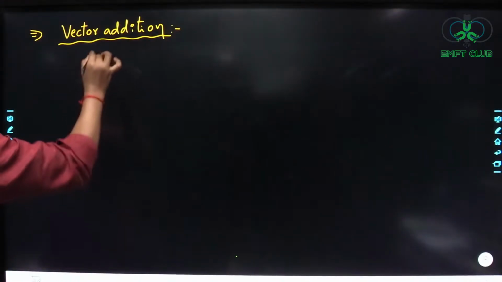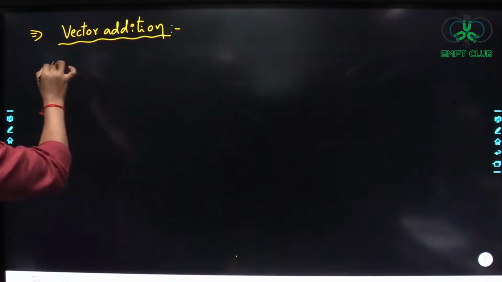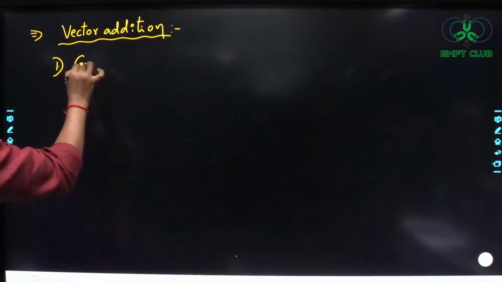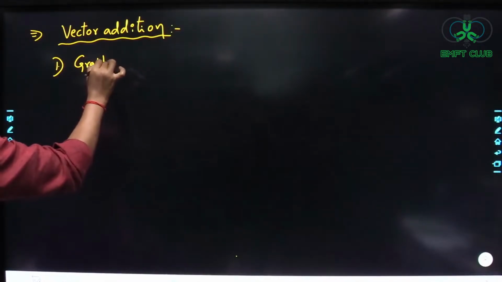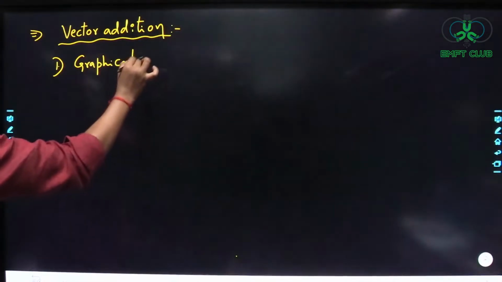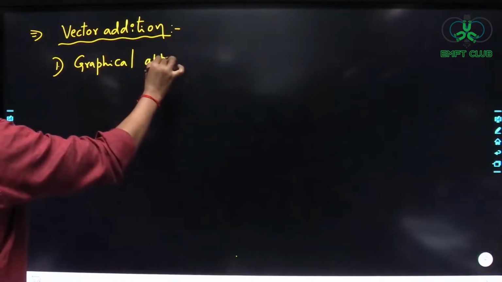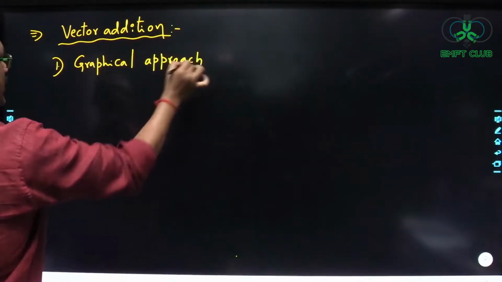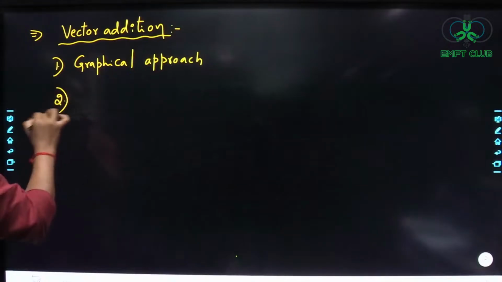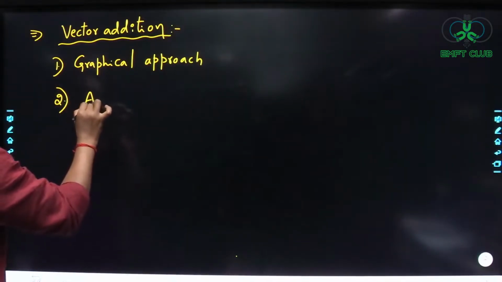Here we can perform the vector addition through graphical approach. We have two approaches in order to perform the vector addition. One is a graphical approach, and the second one is an analytical approach.